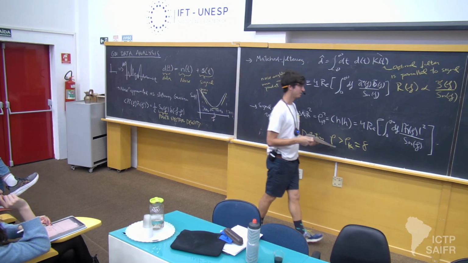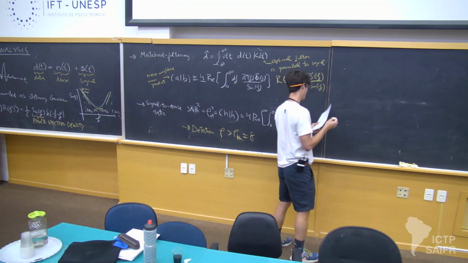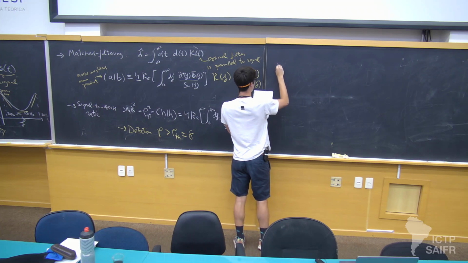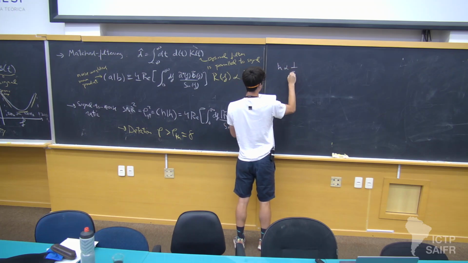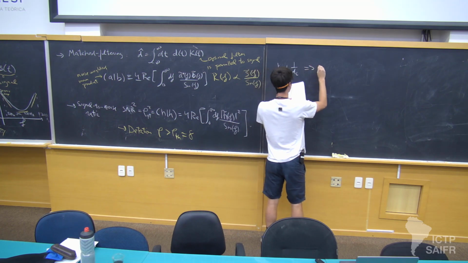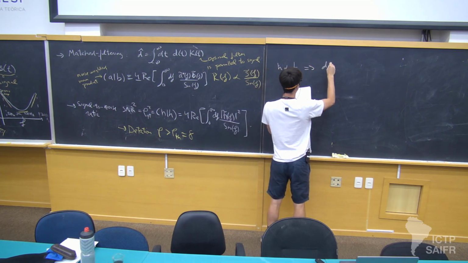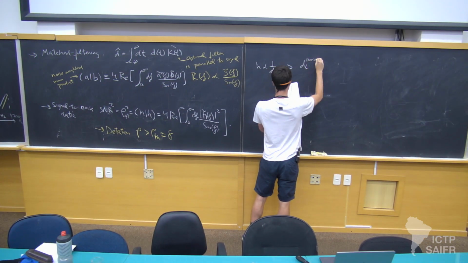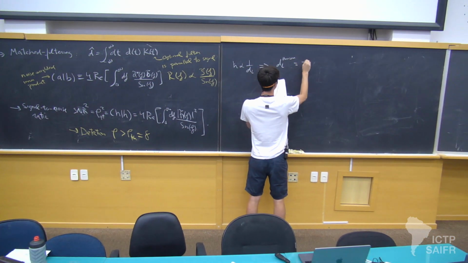But with this, for example, because you know that the signal is inversely proportional to the luminosity distance, you can compute this horizon distance, which tells you how far you could detect a signal.